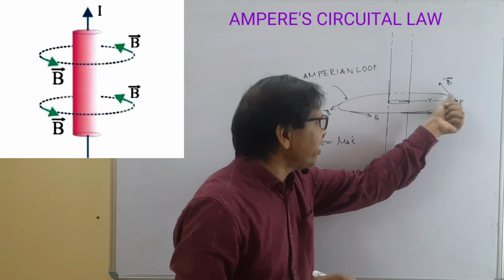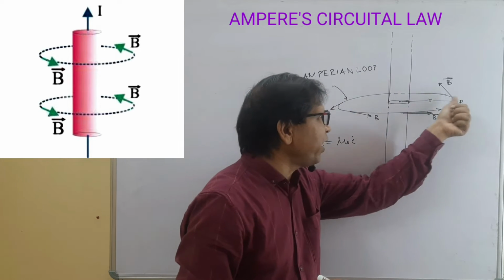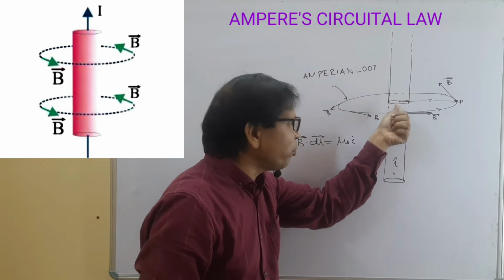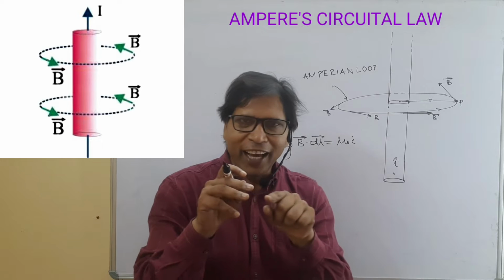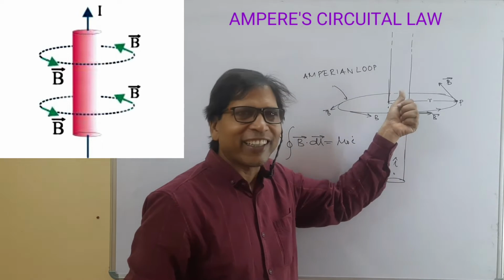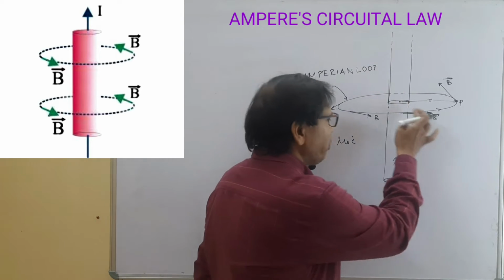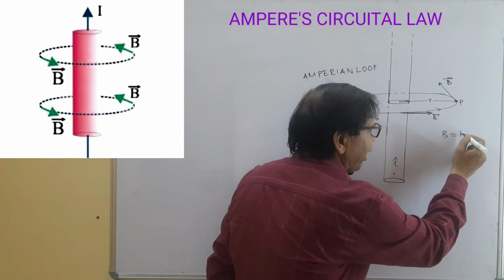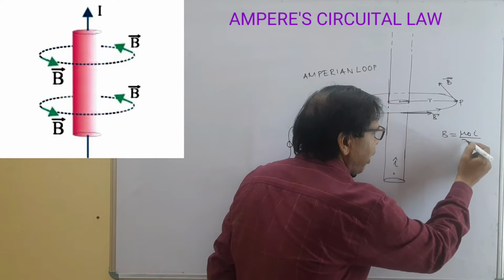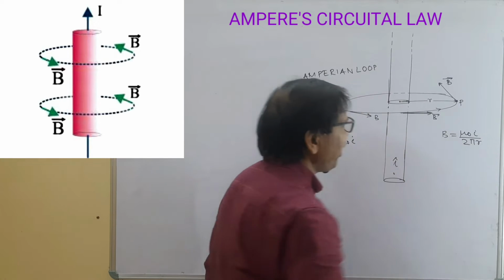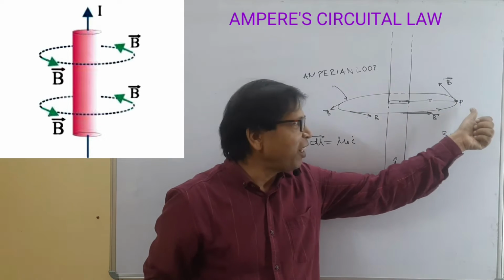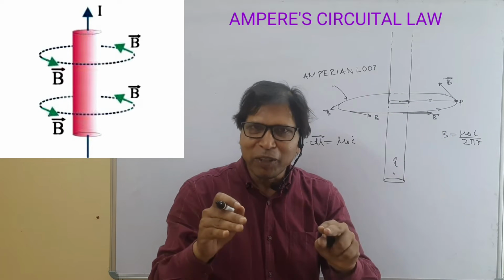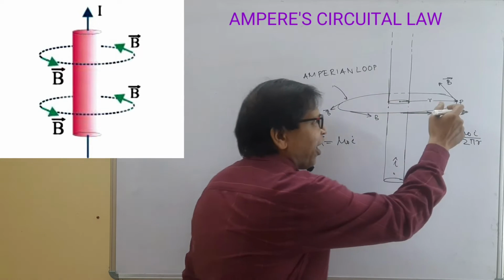Suppose we consider a circular loop of radius r, having the center of the loop on the axis of the conductor. So the magnetic field due to this current at the point P is B equal to mu naught I by 2 pi r. Okay? The magnetic field at the point P is directed normal to the plane and inwardly.